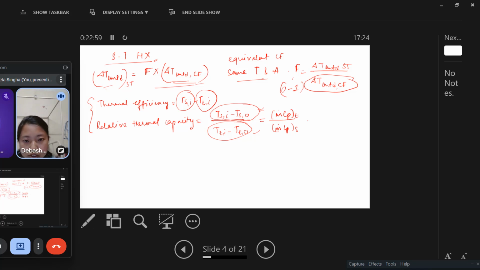You have to keep on changing one, because sometimes two temperatures might not be known. So for that one you have to assume and another you have to find out from that, and it may take a long time. So for that this NTU method was proposed here.